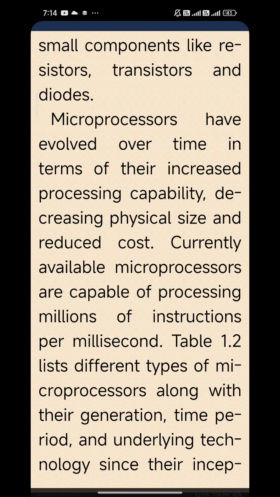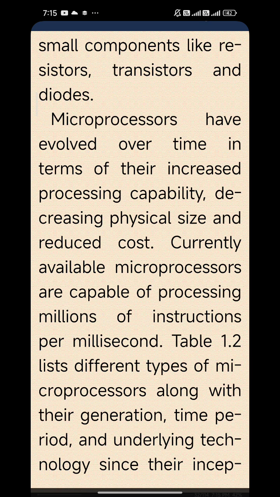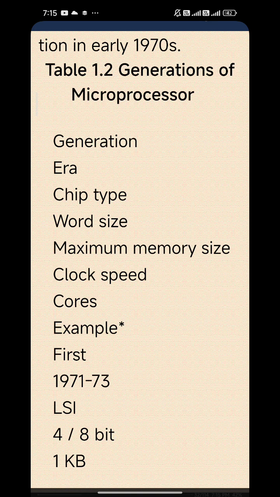Table 1.2 lists different types of microprocessors along with their generation, time period, and underlying technologies since their inception in early 1970. Table 1.2 Generations of microprocessors.